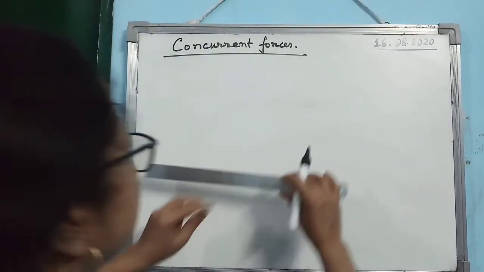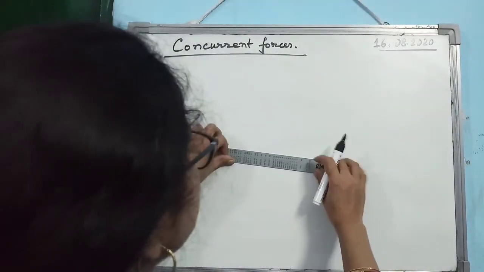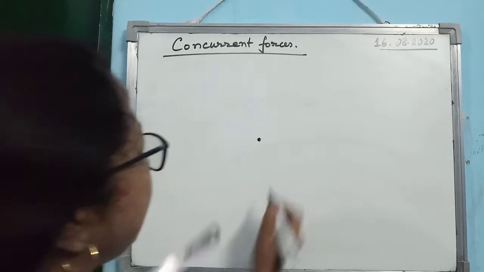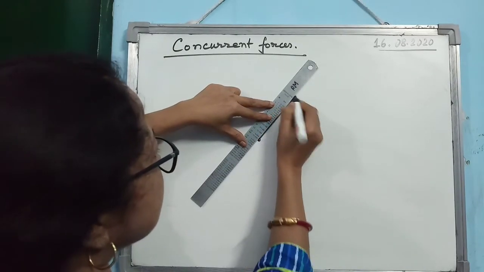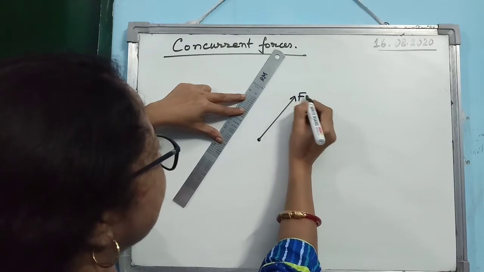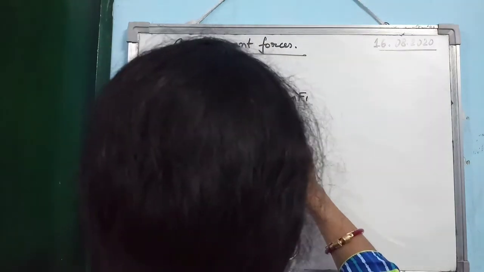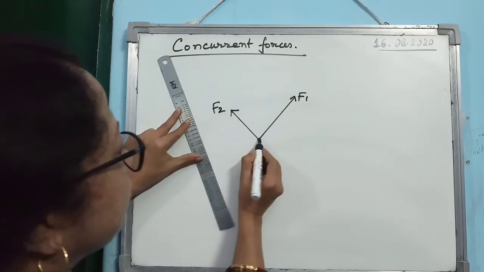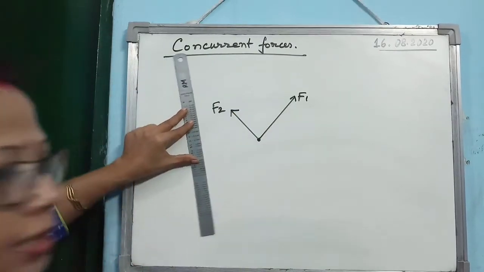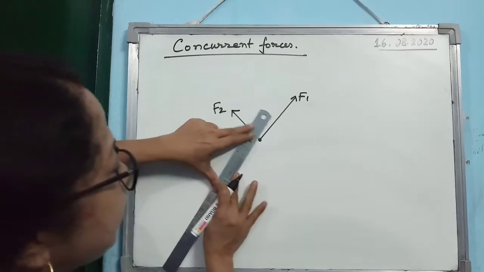Means if you consider, suppose there is a body here, and let us consider that several forces are acting in such a manner. Suppose F1 is acting in this direction, F2 is acting in this direction, but you see the point of application is same, that is meeting at one point.